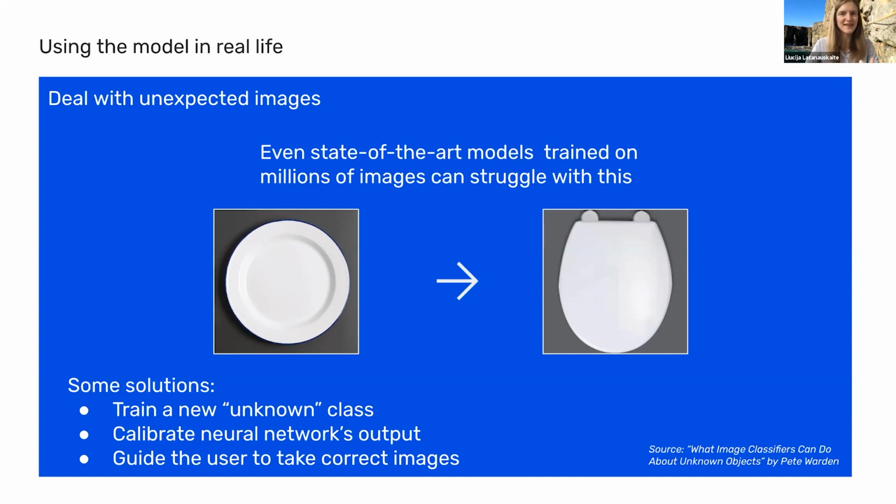So, plates and toilet seats can look quite similar sometimes. So it's quite likely to give that prediction. So it doesn't have that unknown understanding, even though to us, it's ridiculous that it would make such a prediction. Now, how can it be a good model if it's doing something like that? Now, not to say there are no solutions to this. I think there's even a talk at this PyData Global talking about this problem and solutions to it.